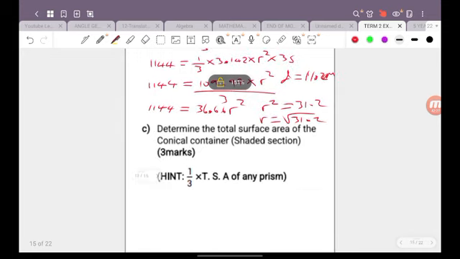Moving right along, we have to determine the total surface area of the conical container, which is the shaded section. Here's a hint down below.